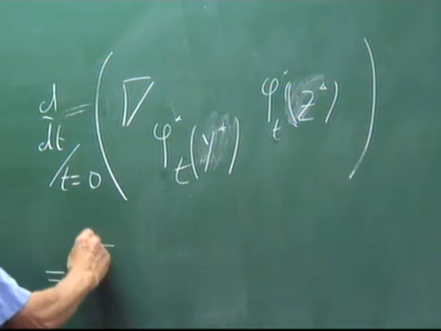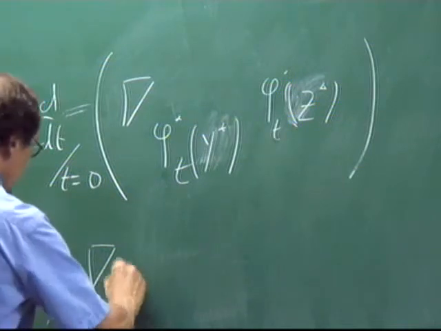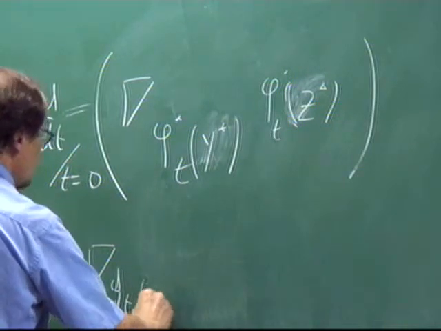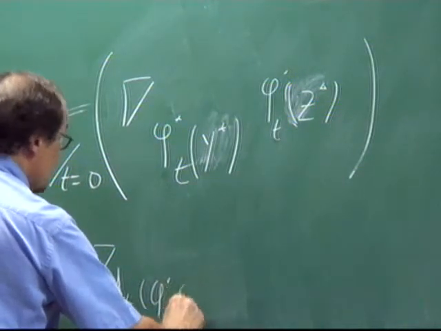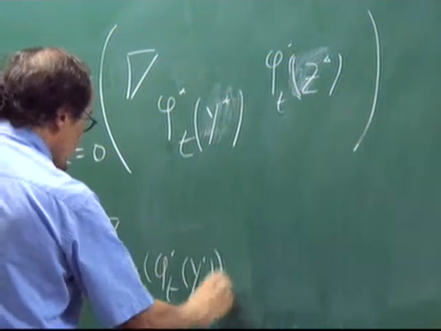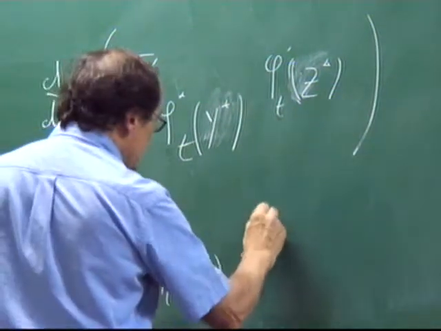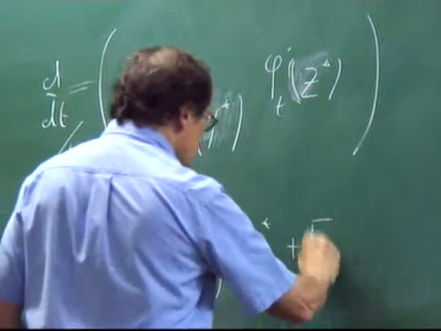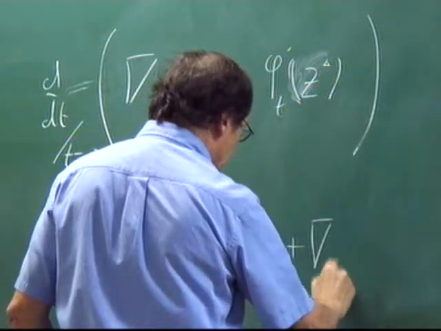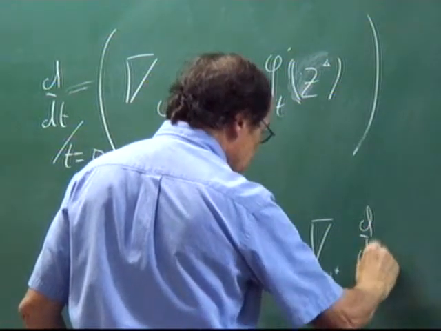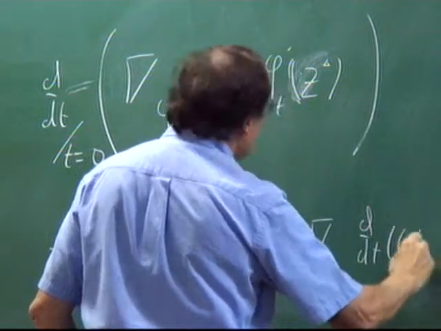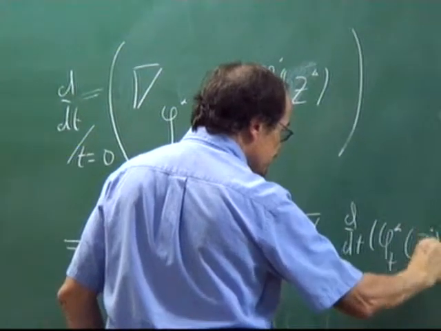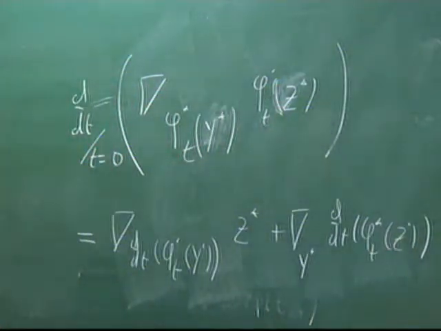So I can say it's ∇ of d/dt of phi_t^* Y*, and now I get a Z* because at t equal to 0, phi is identity, plus Y*, and now d/dt of phi_t^* of Z*. So that's the product rule.